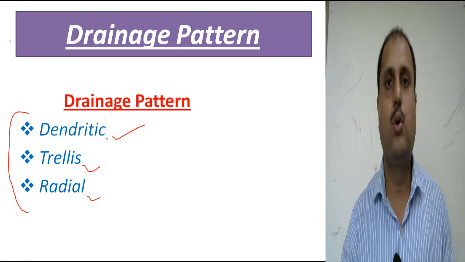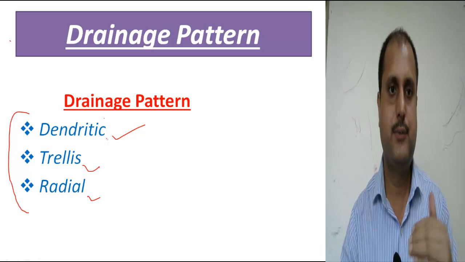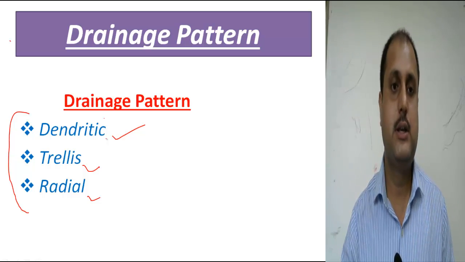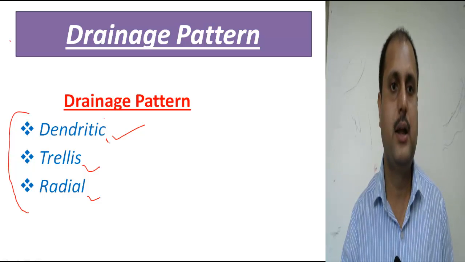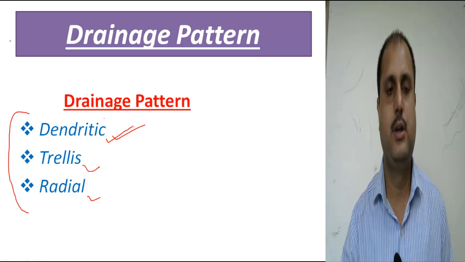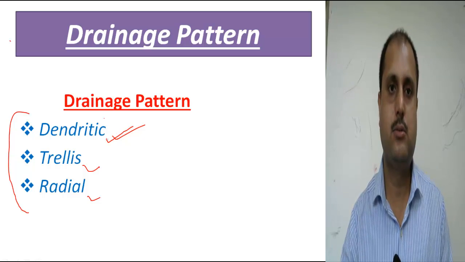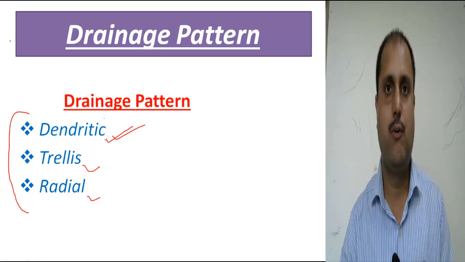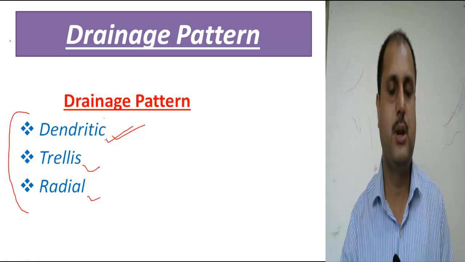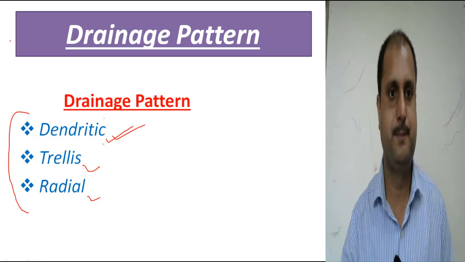If the slope of the land is there and it is in a plain area, then it will form the dendritic pattern. If there is a slope and the slope creates an obstacle in the movement of the water of the stream, it will form the dendritic pattern.